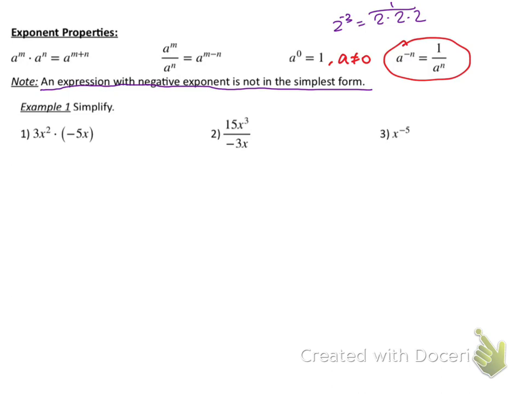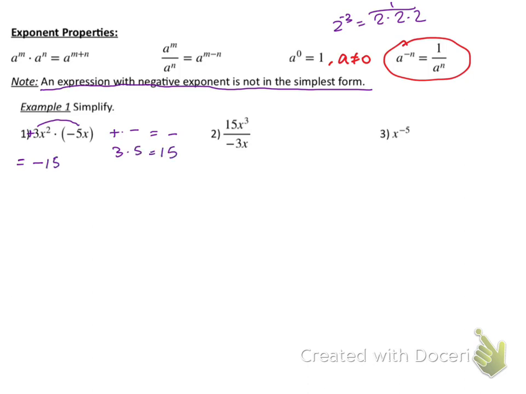For example, our first question, I'm having 3x squared times negative 5x. Sign gives you the sign, number gives you the number, and the variable gives you the variable. 3 is positive 3, so positive times negative gives you negative. Then you do 3 times 5, which gives you 15.